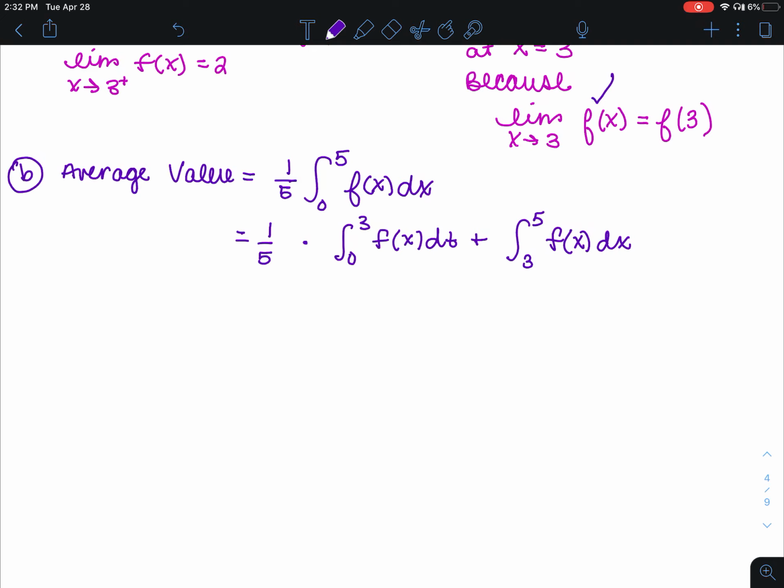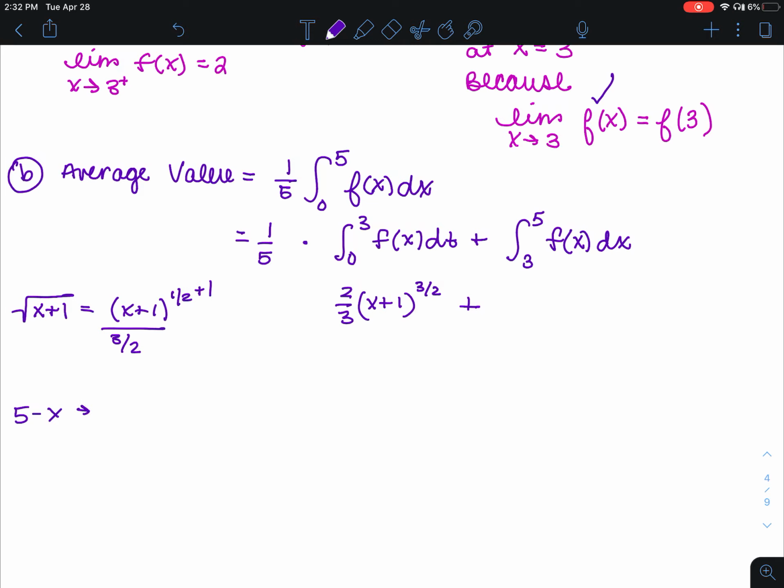Integrating those functions within pieces, we have the square root of x plus 1, which is really (x plus 1) to the 1/2. So to integrate that, we're going to add 1 and divide by 3/2. So this first piece is going to be 2/3 of (x plus 1) to the 3/2, plus our other function, which was 5 minus x.